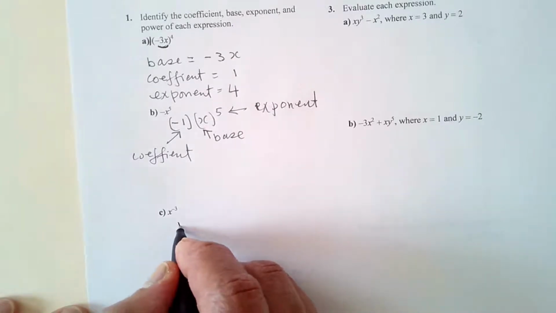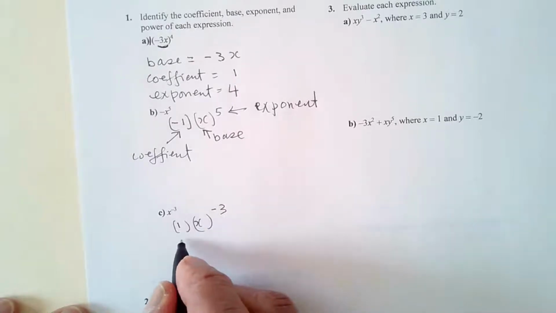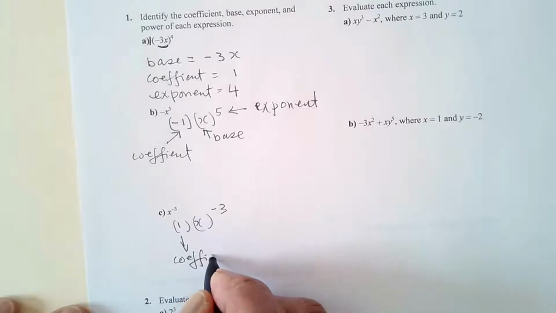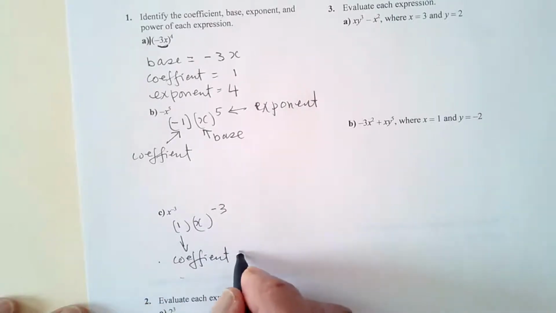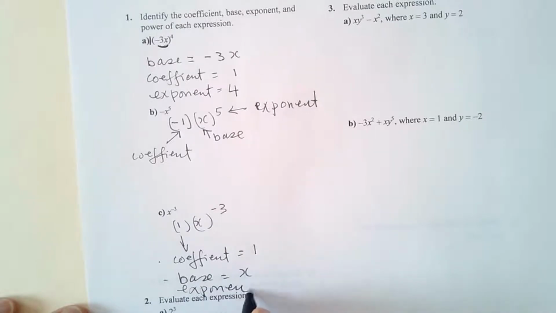Similarly here, you have 1 times x to the -3. This is your coefficient, which is 1. Your base is equal to x, and the exponent equals -3.